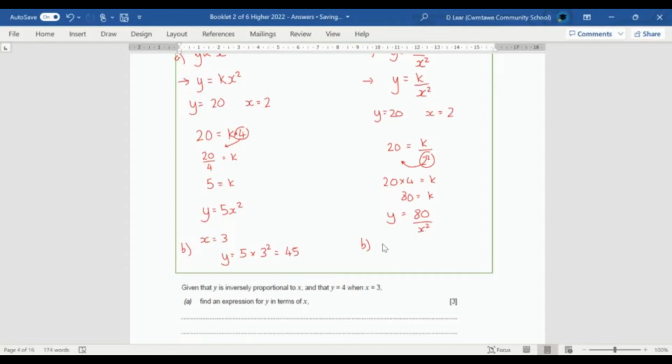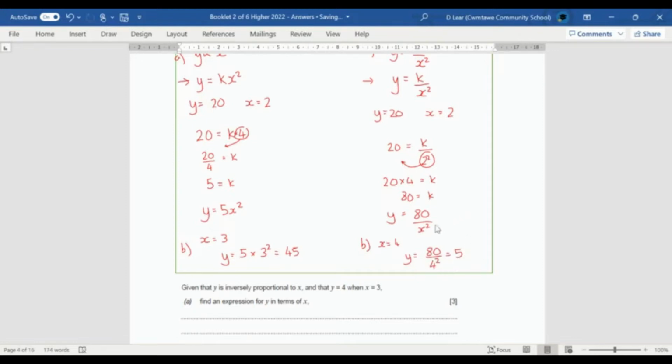Let's go with x equal to 4, okay? And then we'd end up with y equals 80 over, but now we're putting 4 in instead of there, remembering to square it, okay, which is 16, and 80 divided by 16 is 5, right?